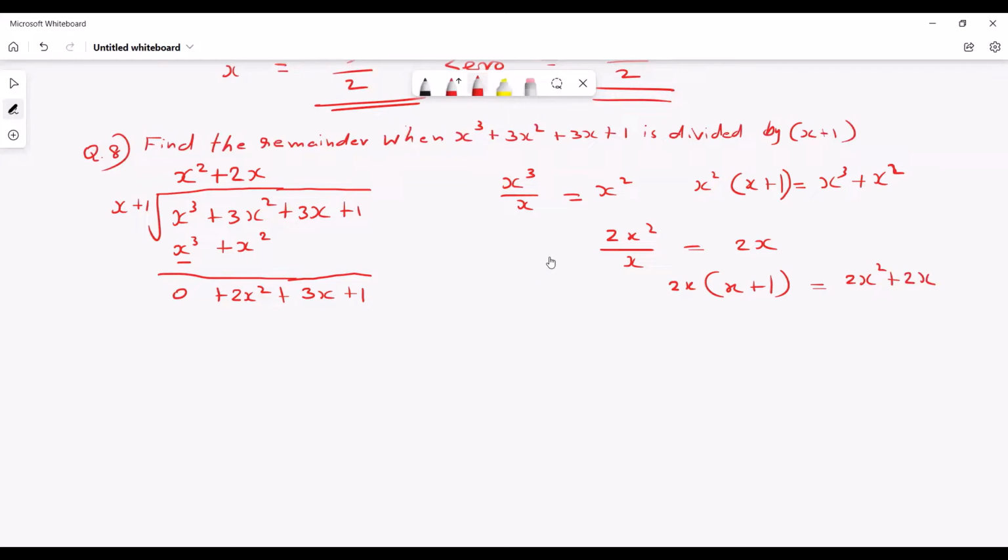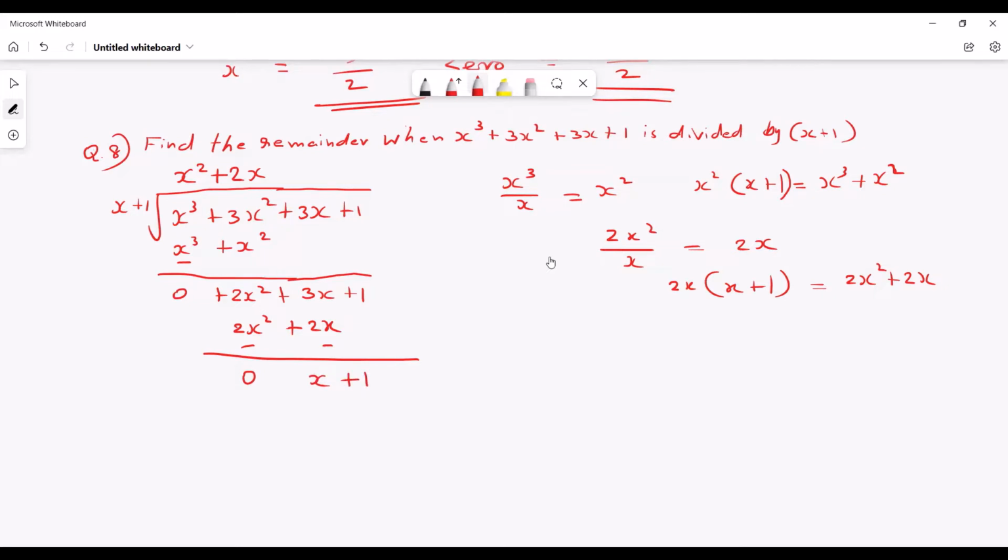So write this value here. So this is 2x square plus 2x. Then 2x square minus 2x square is 0 only, and 3x minus 2x is x. Then we will get x plus 1.